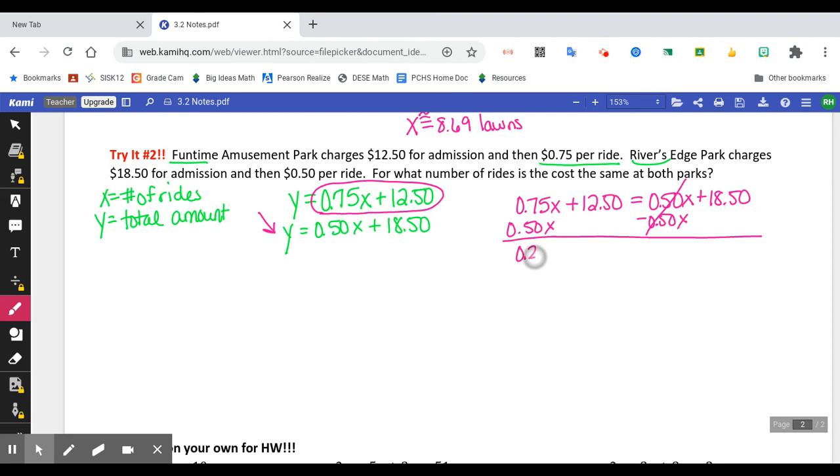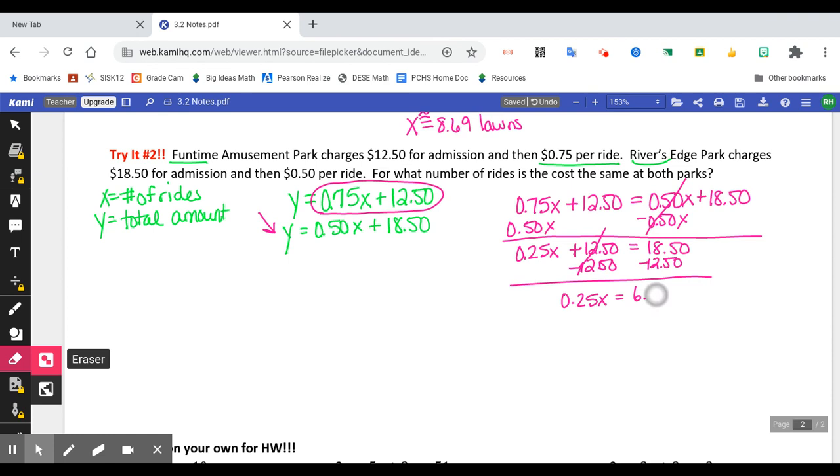Okay, I'm going to start by subtracting my x's. And I have 0.25x plus 12.50 equals 18.50. Subtract 12.50. And I get 0.25x equals $6. Oh, sorry, $6.50, let me erase that.